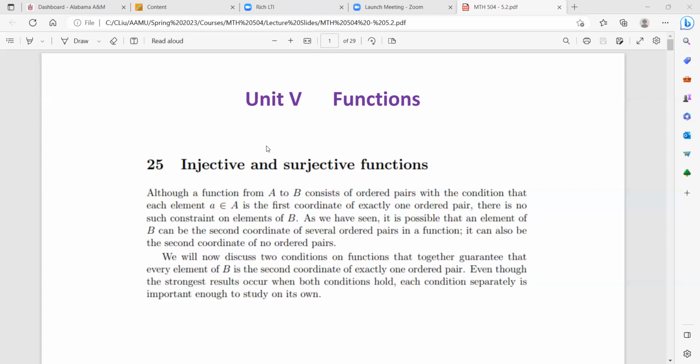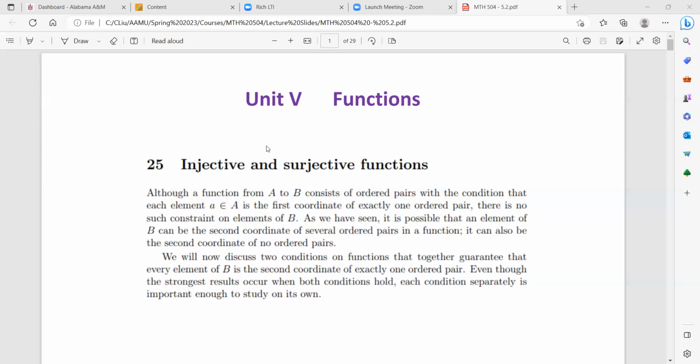And we also have another situation where each element in the domain can be only paired by a different element in the codomain.